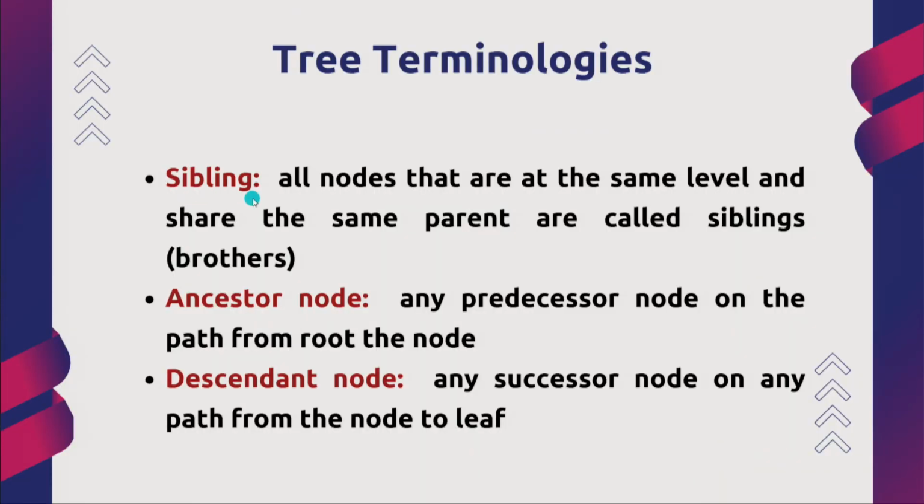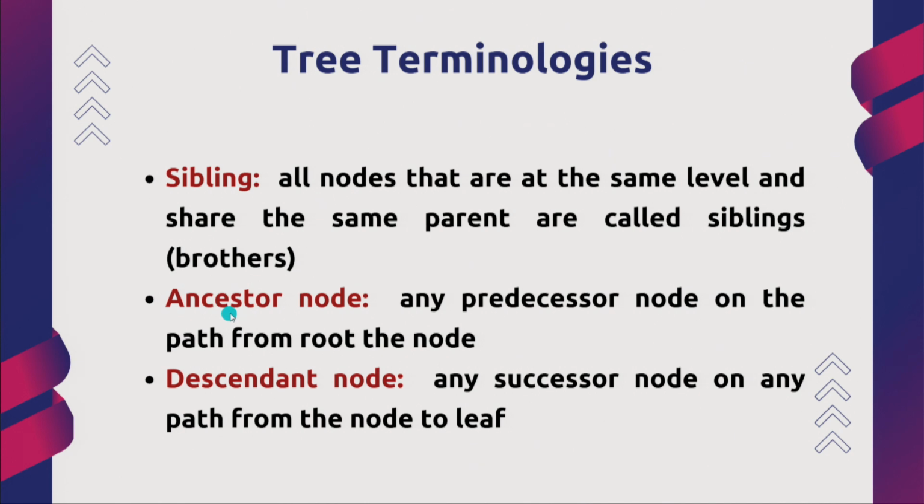Nodes that are on the same level and share the same parent we call siblings. This is true for trees as well as for binary trees. Say for instance, we have one node A and we have 3 nodes whose parent is A, then B, C and D are all called siblings, just because they share the same parent node.